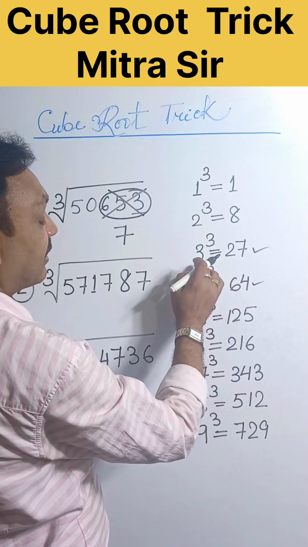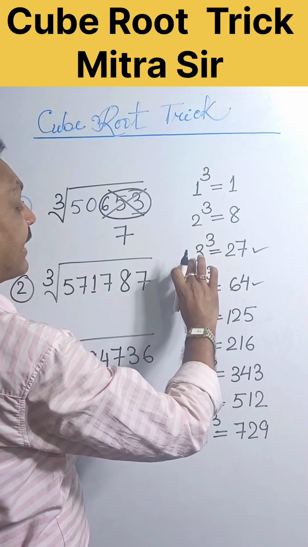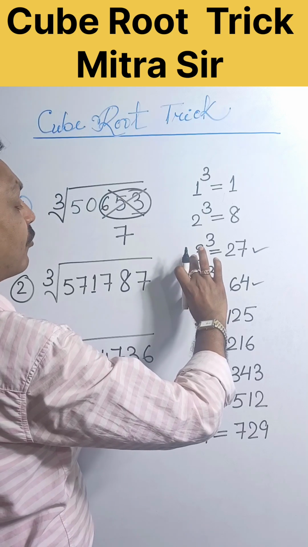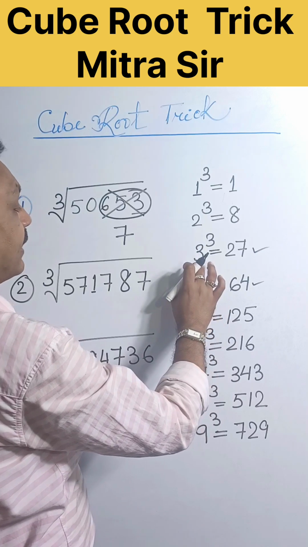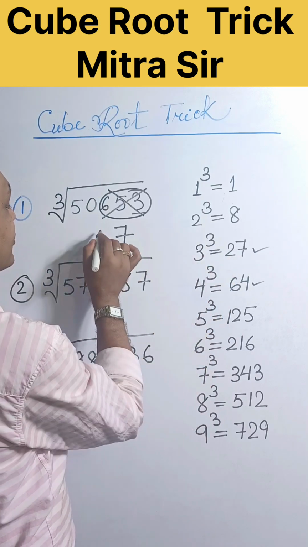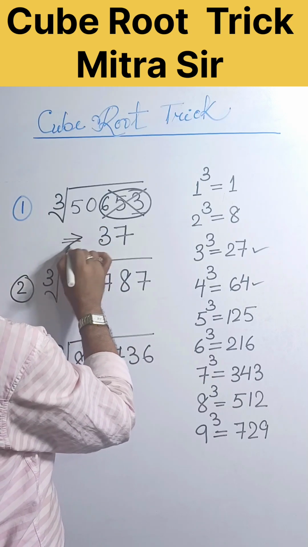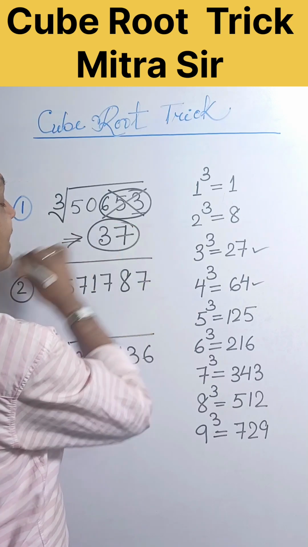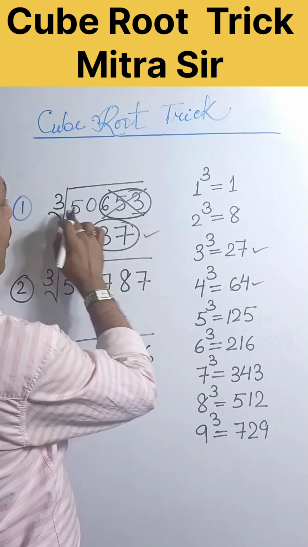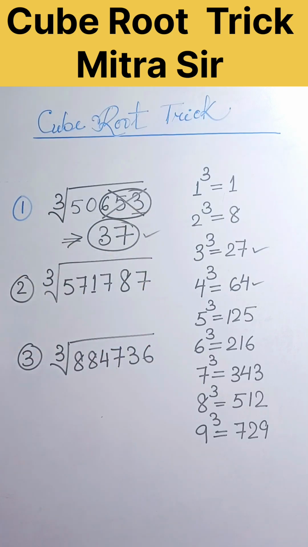Out of these two numbers, 3 cube and 4 cube, which is the smallest? 3 cube. So that is 3. So in the ten's digit you have to write 3. So this is the final answer. The cube root of this number is 37.